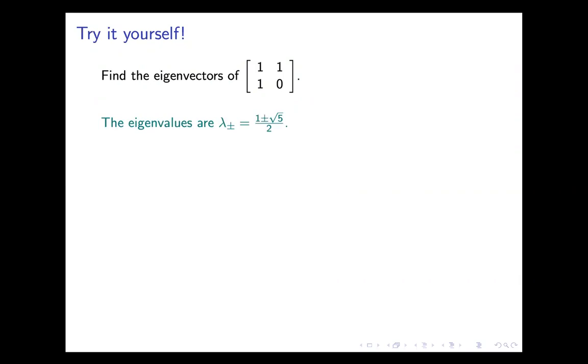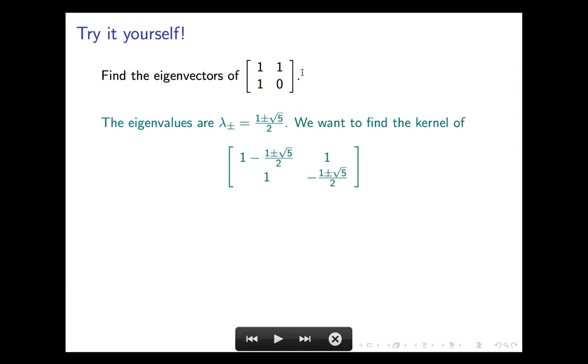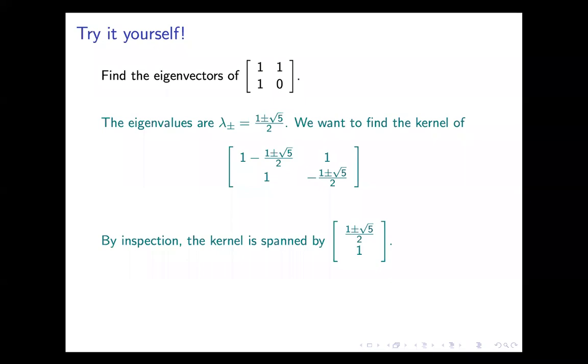So once we find the eigenvalues, let's find the eigenvectors. The eigenvalues are lambda plus-minus equals 1 plus or minus square root 5 over 2. We need to find the kernel of the matrix itself minus lambda times the identity matrix, and that's what it looks like.